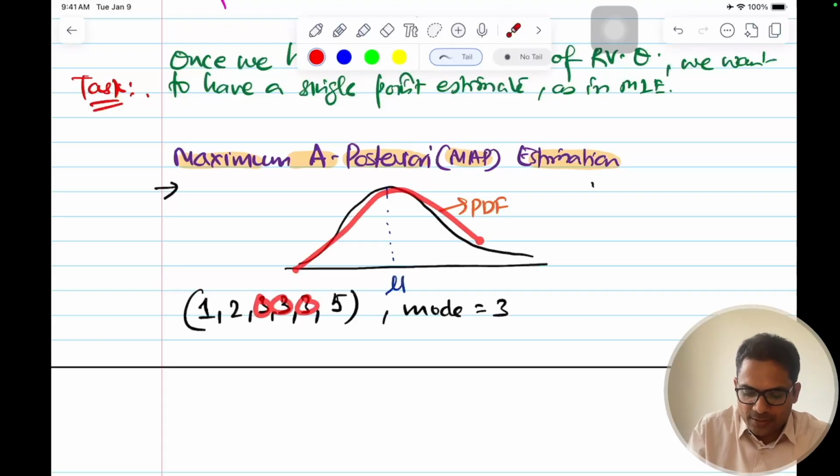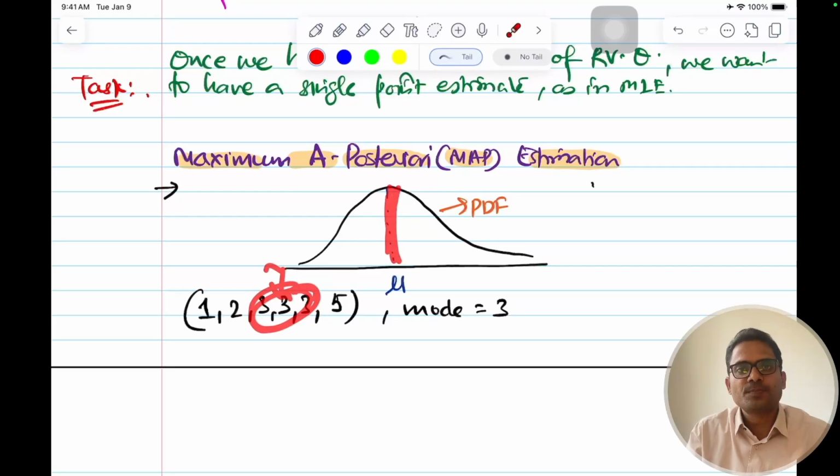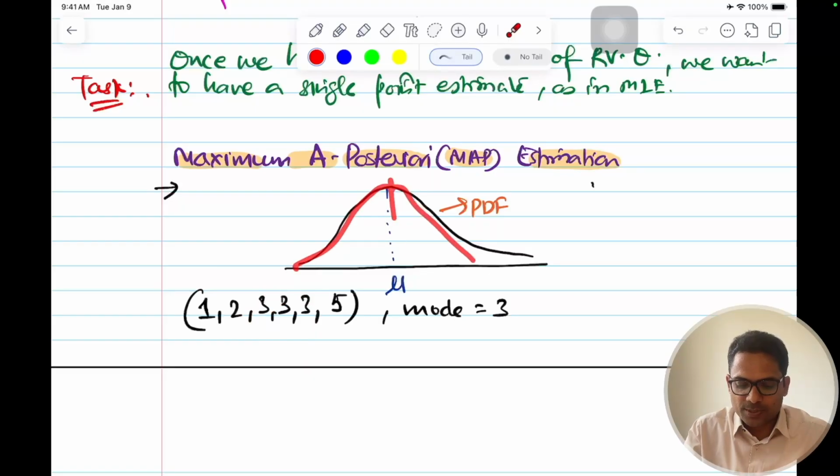Even if I draw a PDF or PMF like this, 3 will have the highest peak here, because 3 has the maximum number of occurrences, and it will pull the distribution around it. So this is what it means. And the MAP estimate gives us this mode, or the peak of the curve.